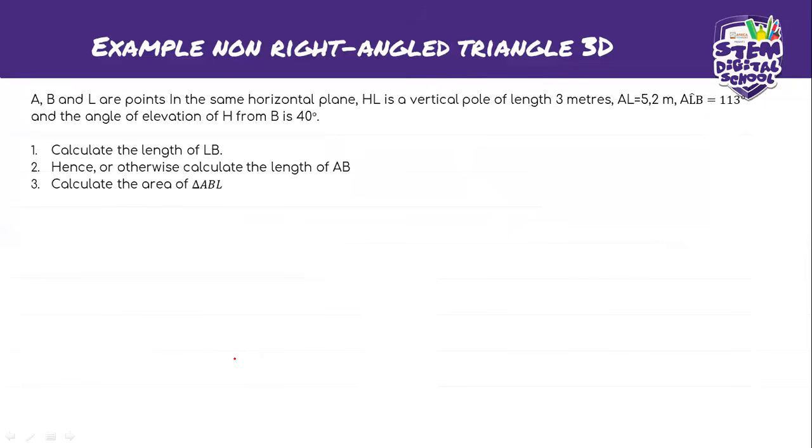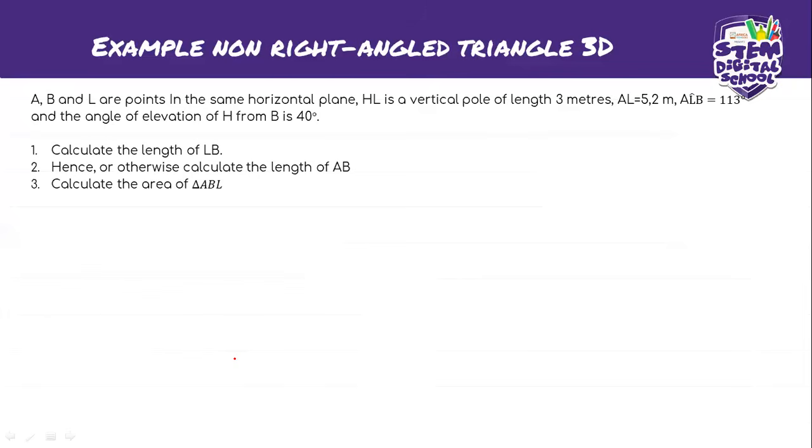Now remember, 2D and 3D, they are the same. It's just that in 3D, it's a combination of more than two triangles combined together to form 3D. So the way we were calculating the side using the sine rule, and the angle using the cosine rule, we are going to apply the same way.